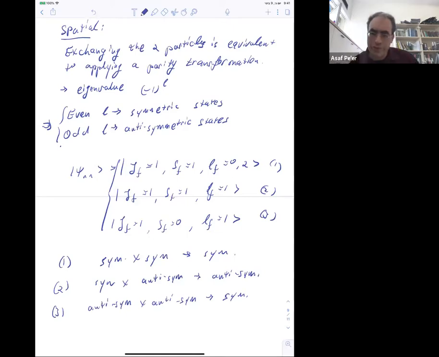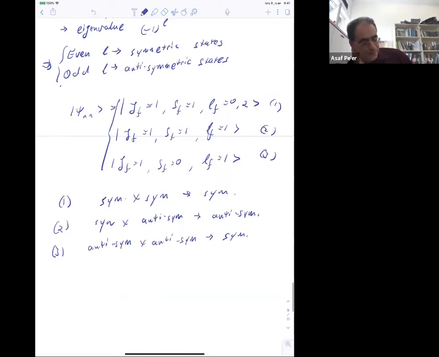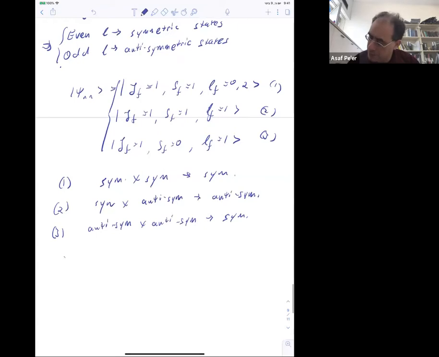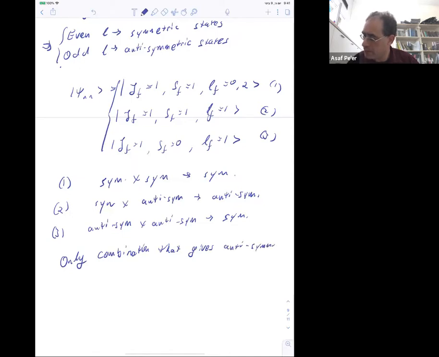So the only combination that gives us an antisymmetric wave function that can describe the two fermions, the two neutrons, is SF equal to 1 and LF equal to 1.